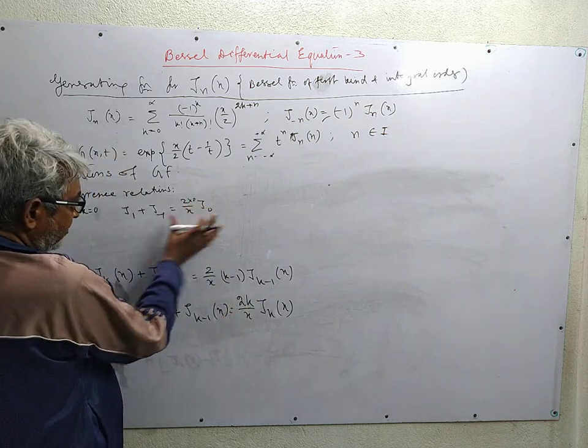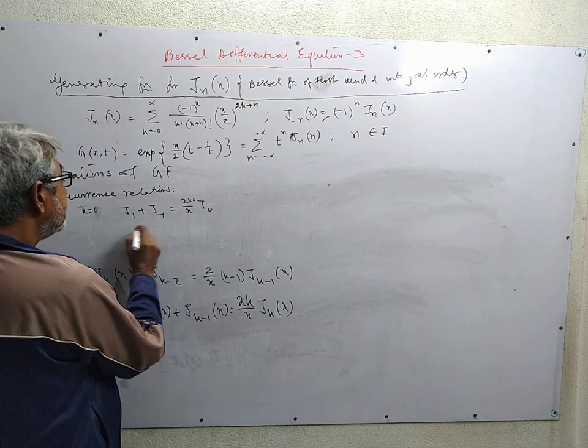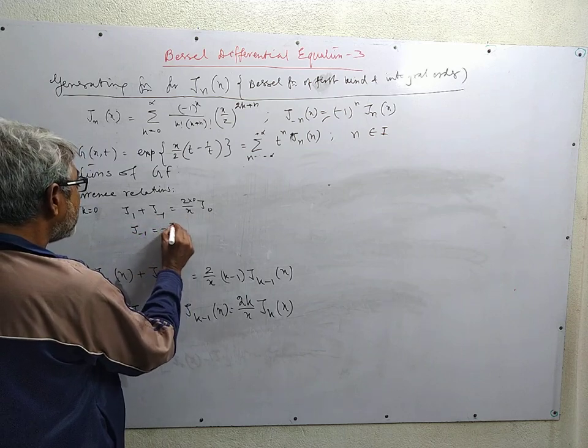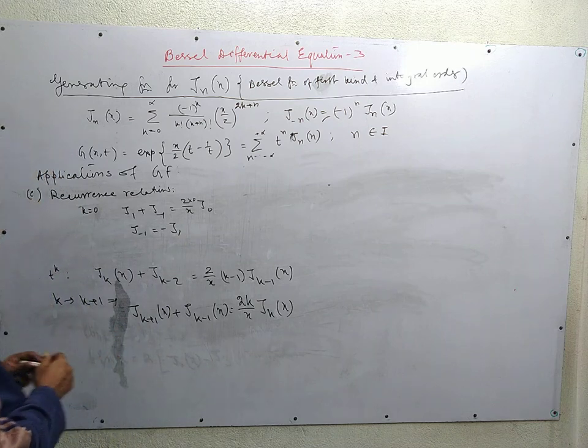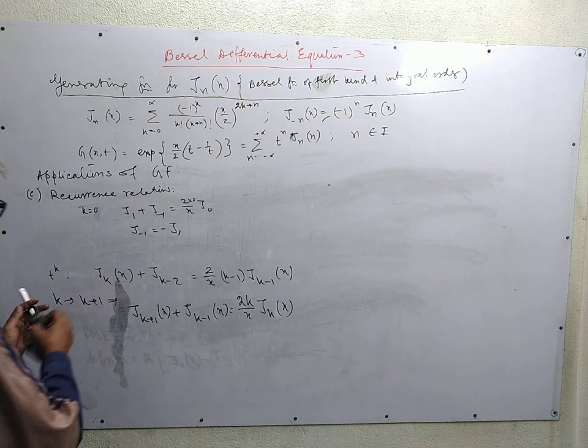So the left hand side is 0 and the right hand side is 0 because j of minus 1 is equal to minus j of 1. So this relation gives nothing with k is equal to 0.